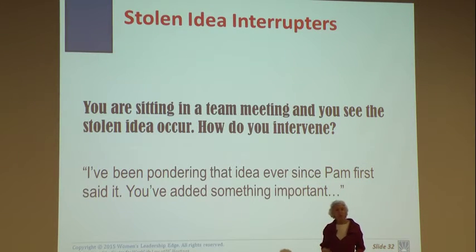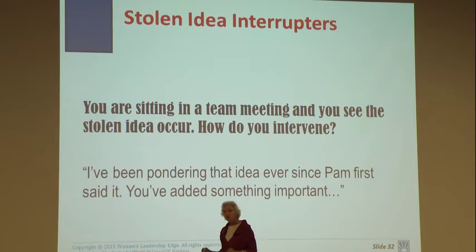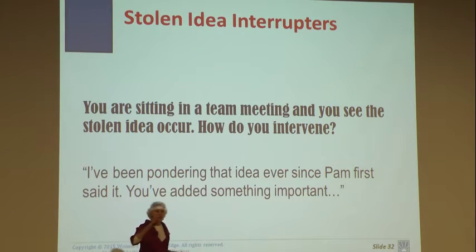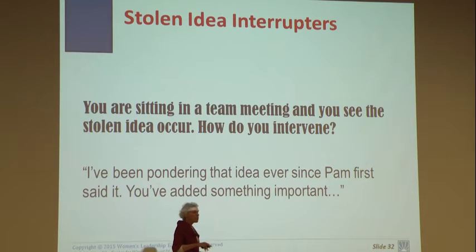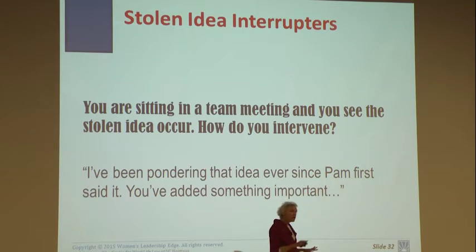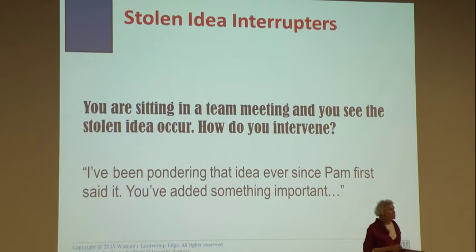You've added something important. Here's the next step. So you notice how you can call out the bias and you don't have to embarrass anyone. You don't have to say you're calling out bias. All you need to do is establish a norm where when that happens, somebody will say very mildly, you know, that came from X, you've added something important, here's why.